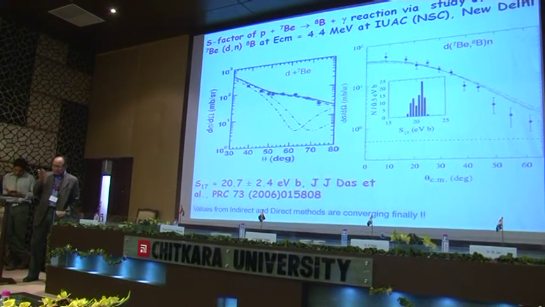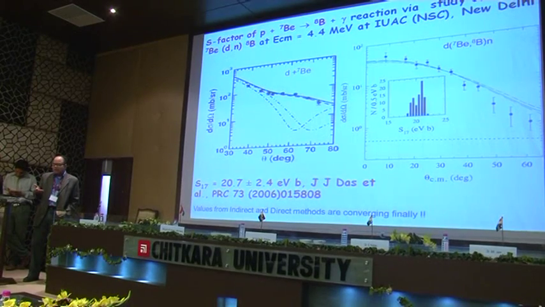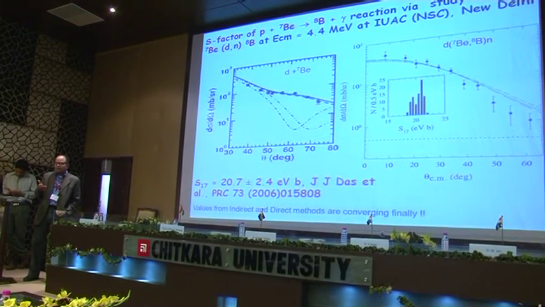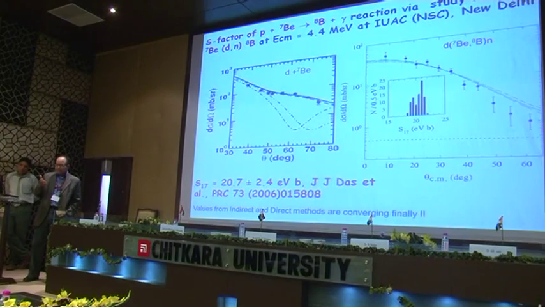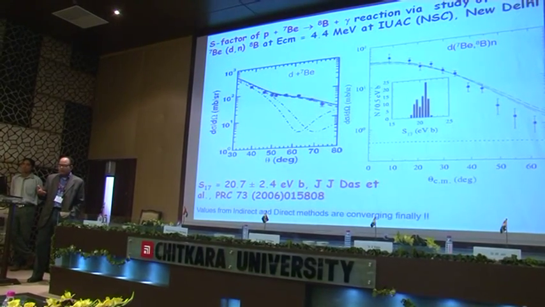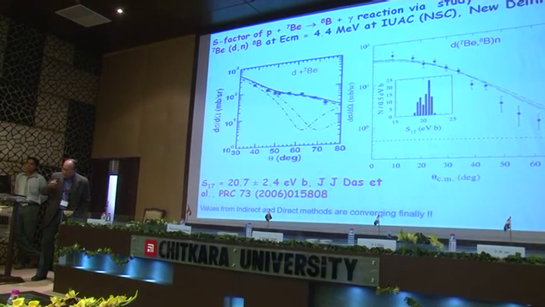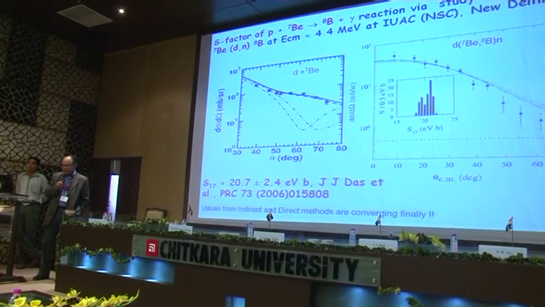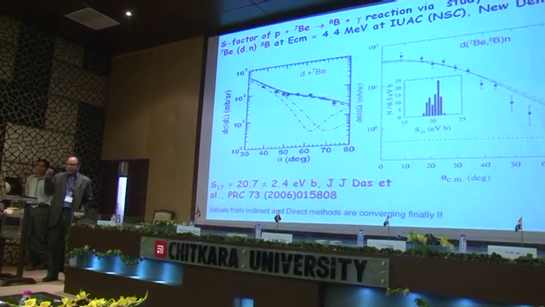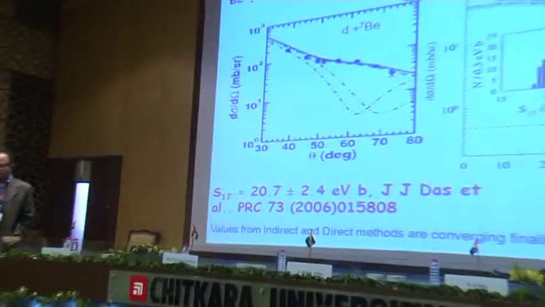But it is always better to have indirect measurements as well. Before that, indirect measurements were always predicting a smaller astrophysical S factor than what direct measurements were telling.